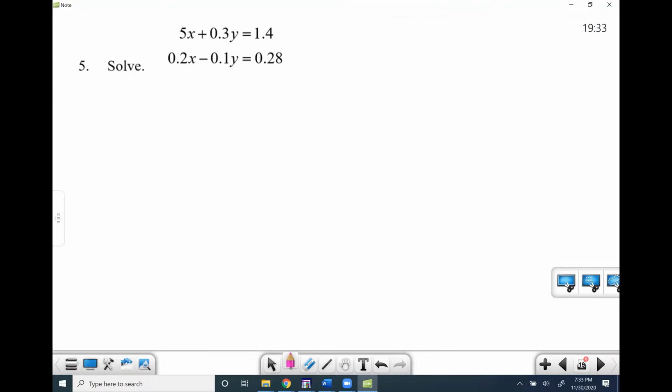I would need to move it once for the very top equation. So moving it once would turn this guy into a 50, this into a 3, and this guy into a 14.